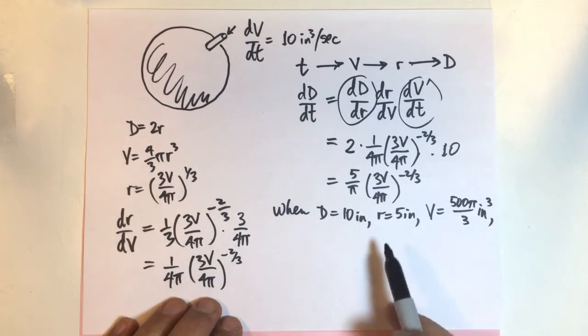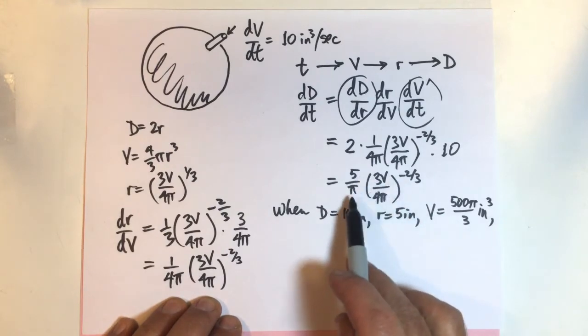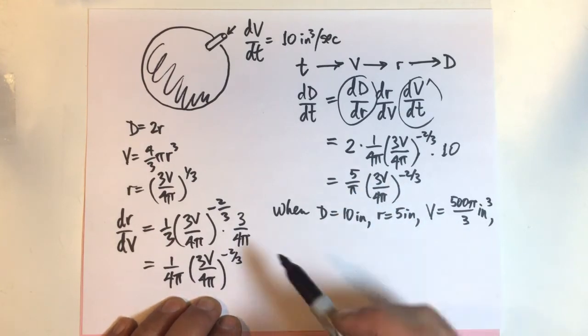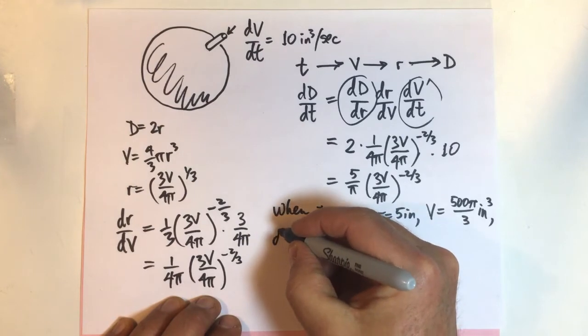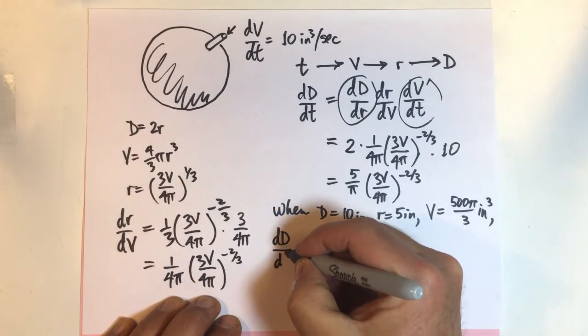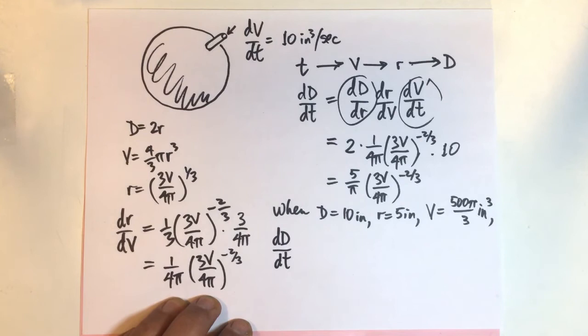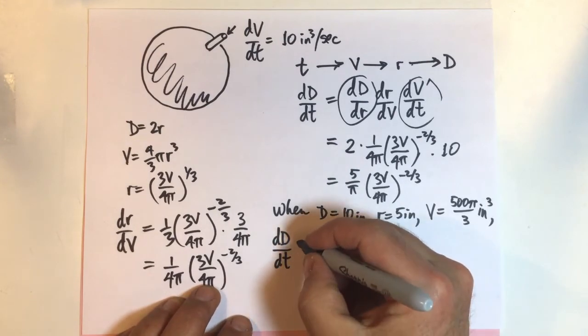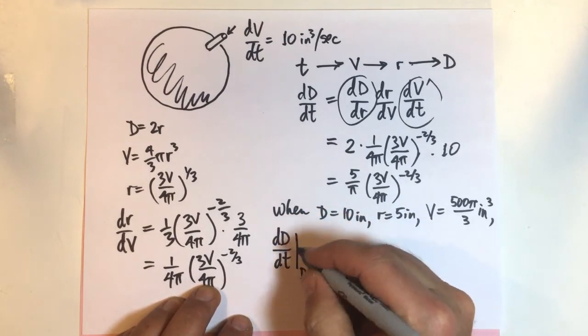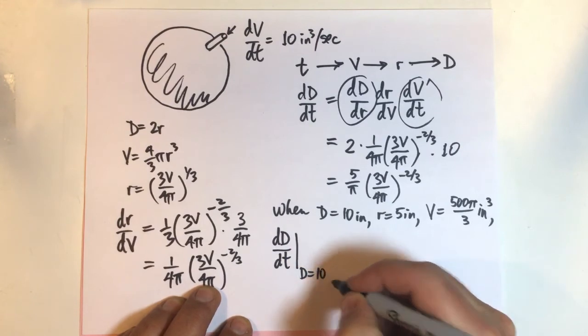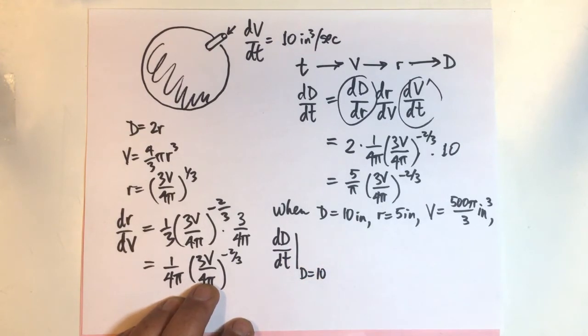Given those values, you can substitute that into this expression, and we get that the required rate of change of diameter with respect to time, it's a variable, but you evaluate it at D equals 10 and get a constant answer, a numerical answer.